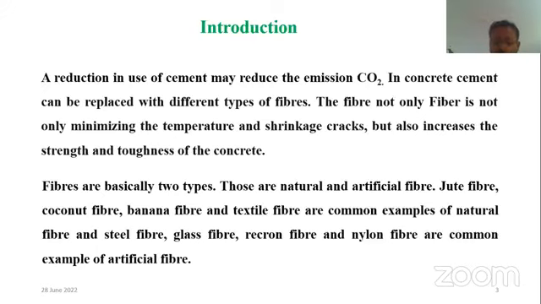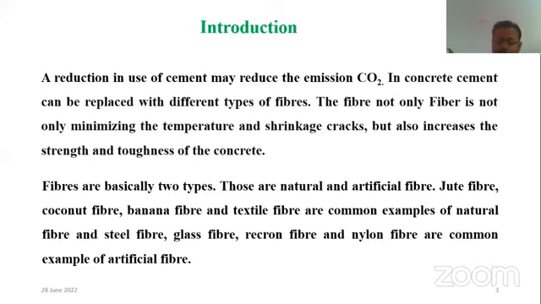Therefore, we can use the available fibers, natural or artificial, and we can replace the cement. Somewhat, it can reduce the emission of carbon dioxide in the environment. So in this way, we can save our environment and also enhance the performance of the concrete.